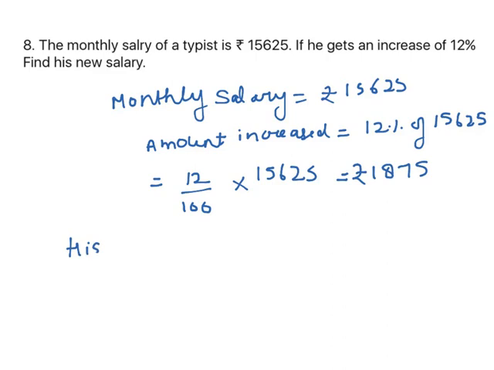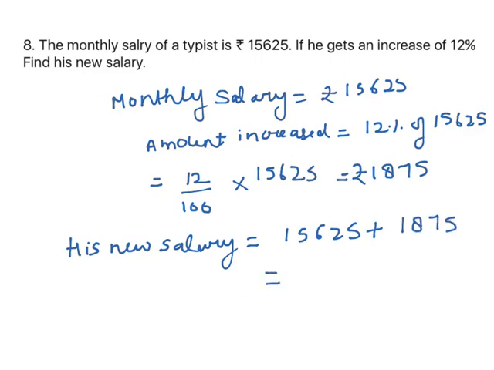So his new salary will be the amount which he was getting, that is 15625, plus the 12% increase, that is 1875. So his new salary will become rupees 17500.